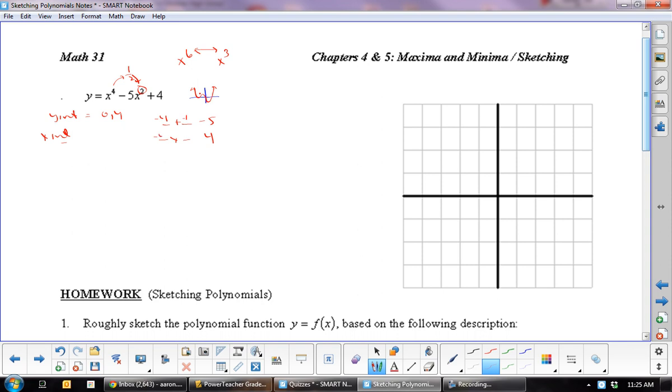Negative 4, negative 1, right? And then you just make sure that your x's, so this would be x squared minus 4, x squared minus 1. And then what do you see with this one? Difference of squares, so 0 would equal x plus 2, x minus 2, and x plus 1, x minus 1.